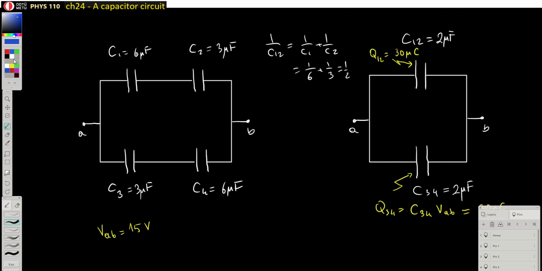So in that case, the idea in here is that if we have two capacitors connected in series, then the charges on each one of them is the same. So let's just remember the argument in here.